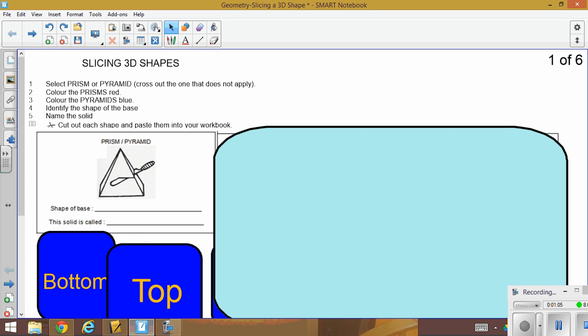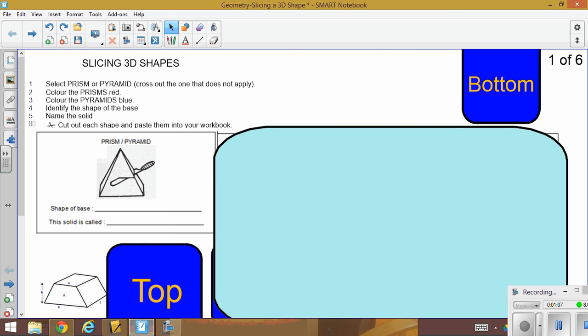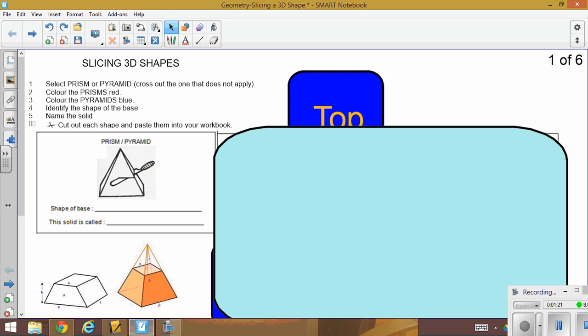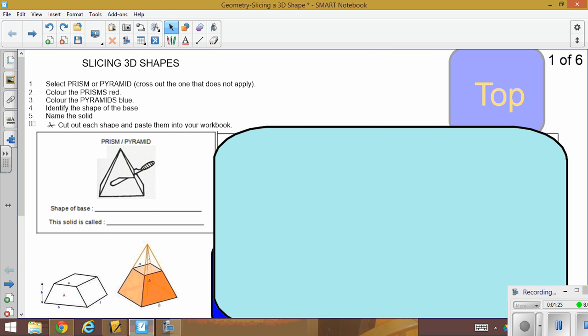So the bottom part of this shape would look like a rectangular prism. And the top part of this shape would be the shape that's kind of clear, that doesn't have the orange filled in.